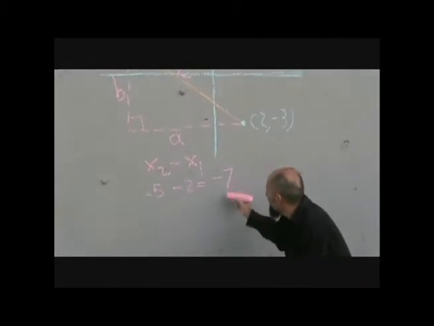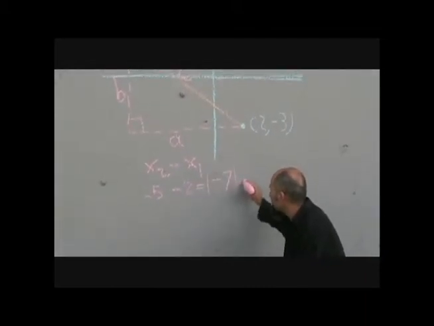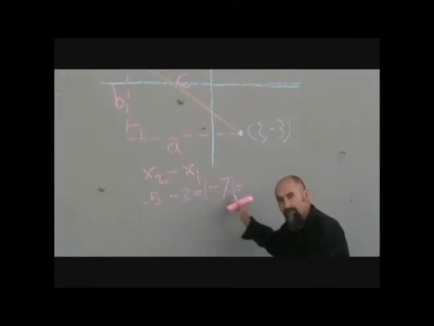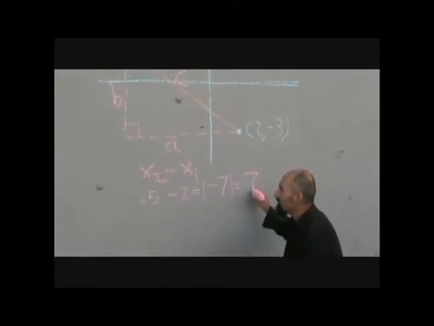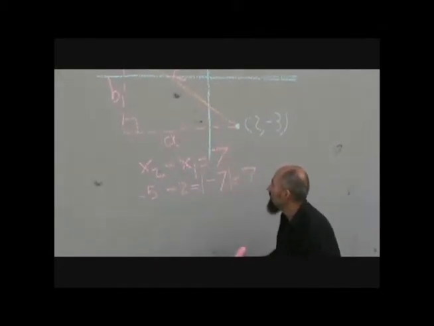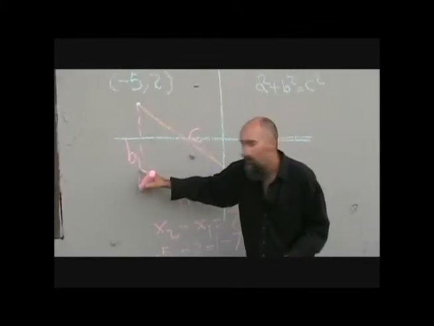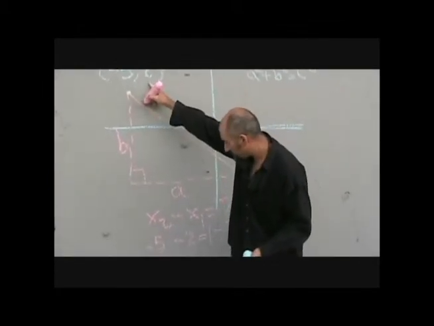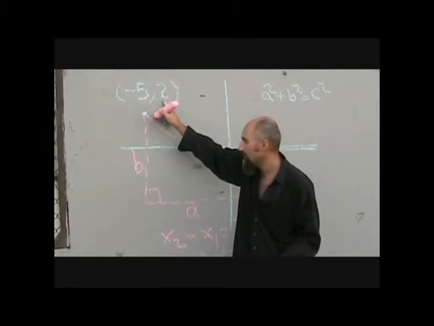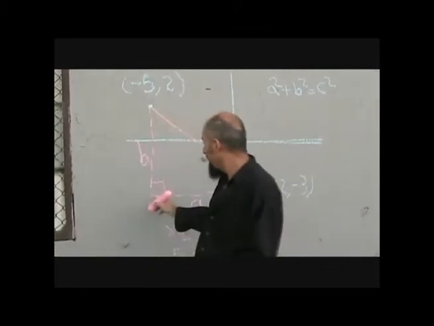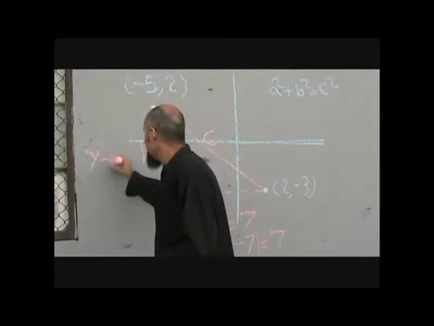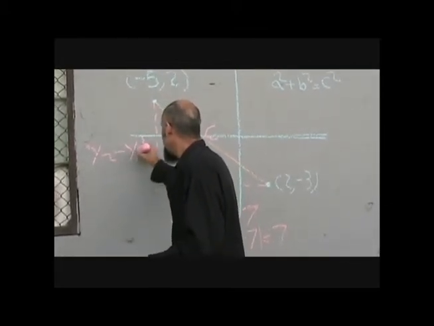So what you do is take the absolute value of this. Absolute value just means no matter what this number is, it comes out positive. So x2 minus x1 is really just 7. Then you do it for the y's as well. We chose this one to be our y2, so the formula for the vertical distance is y2 minus y1.